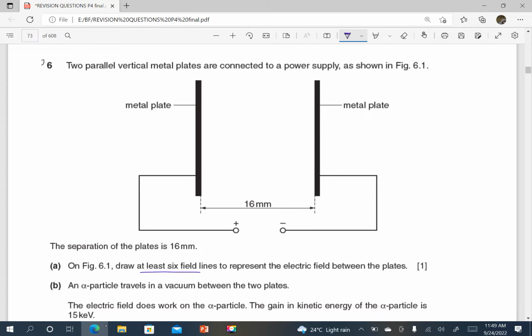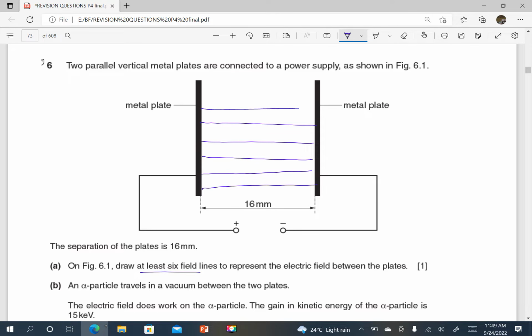So at least 6 field lines, they should be straight lines which are parallel to each other and ensure that they are equally spaced. I can't do that without a ruler easily on the tablet, so you can draw yours. Extremely parallel and equally spaced. The arrows should be pointing from left to right because field lines originate from high potential to low potential.